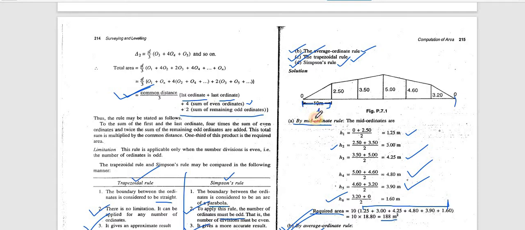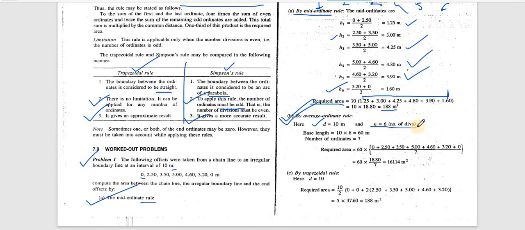So this is 1, 2, 3, 4, 5 and 6. So the number of divisions is 6.